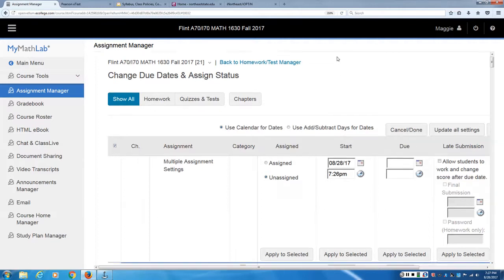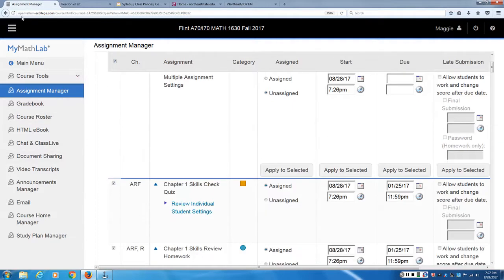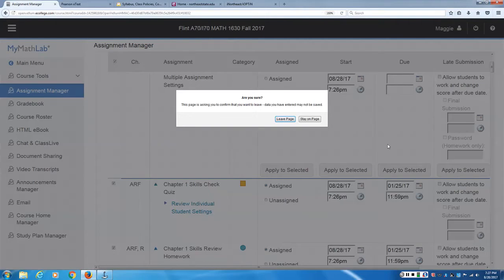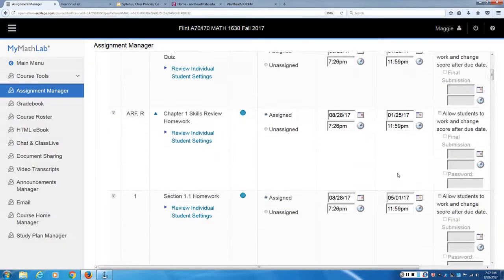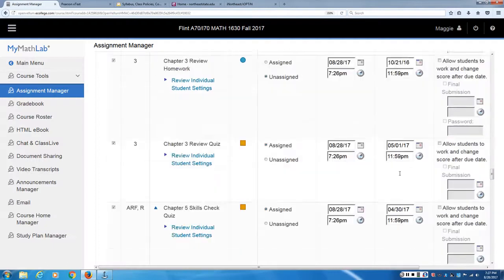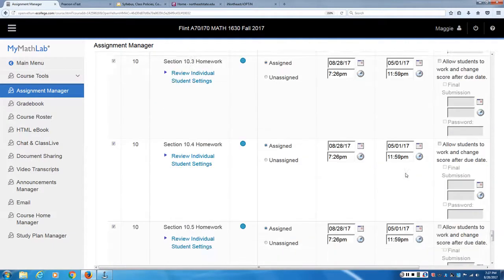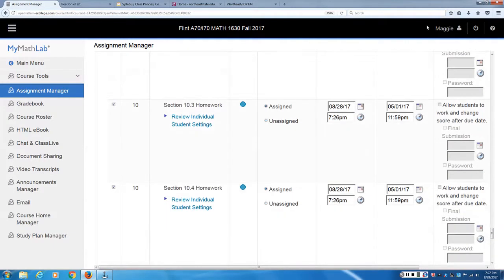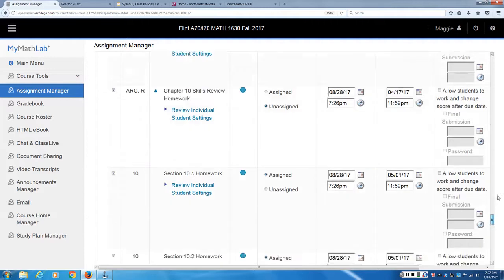Now, I didn't put in a due date yet, so there will be one, but there's not one right now. Wait, no, I don't want to leave that. I need to make sure I saved that. Yeah, I'm going to have to put in a due date, or it'll tell you it's already past due.